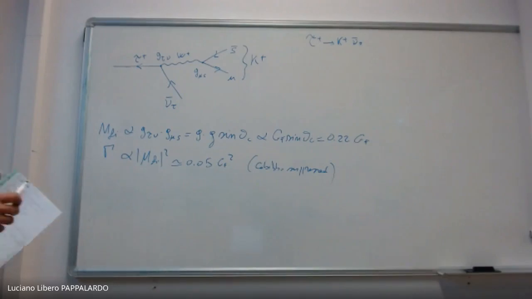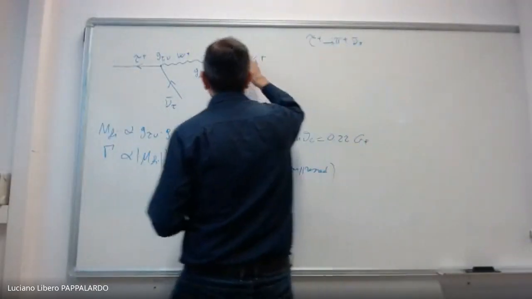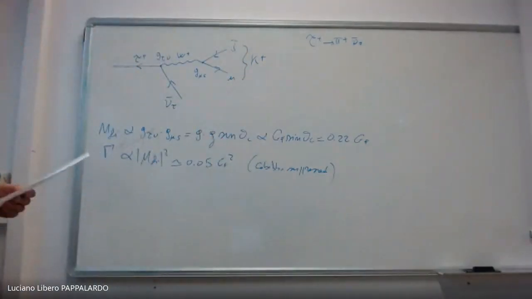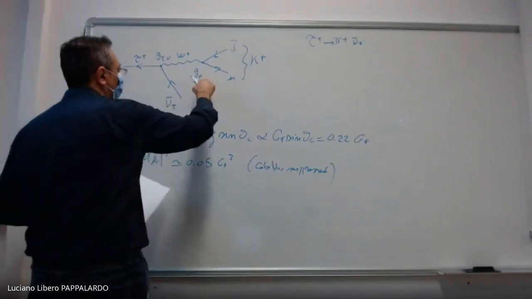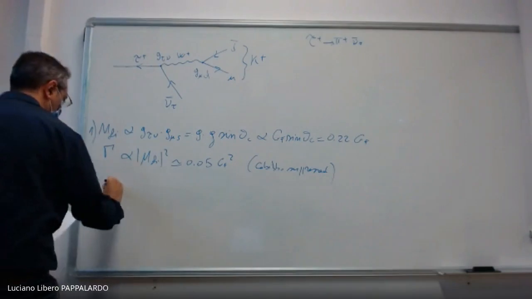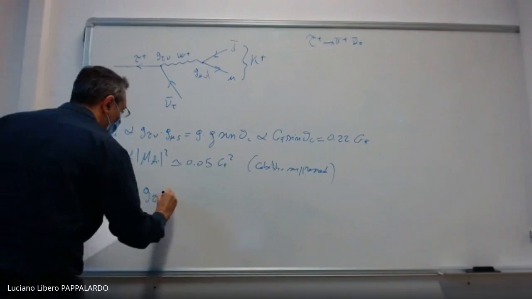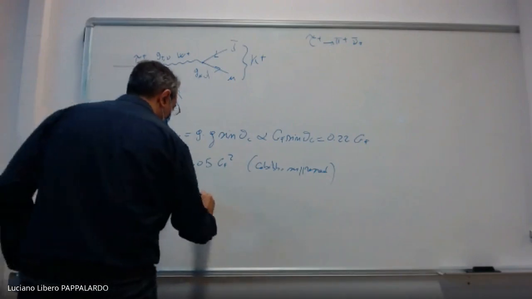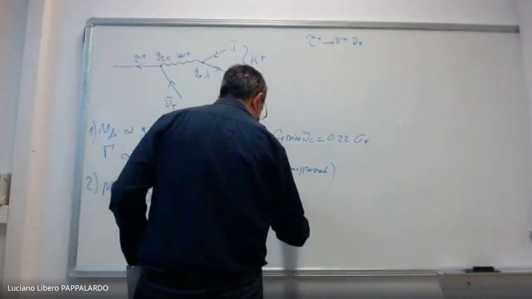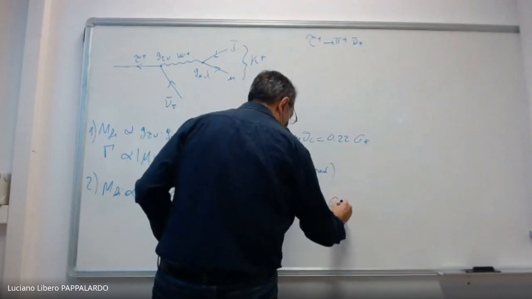Let's now consider the decay into a pi plus. The difference is that now it is a d-bar, and all the rest is the same. So this is a u. So in this case, the matrix element is proportional to G_tau nu times G_ud, that is G times G cosine of theta C, that is proportional to G_F cosine of theta C, that is 0.97.